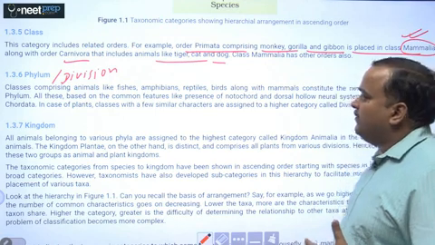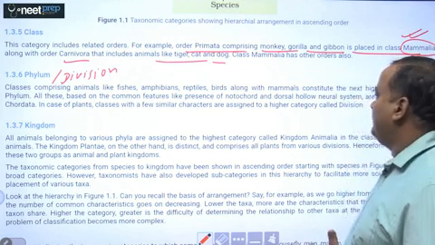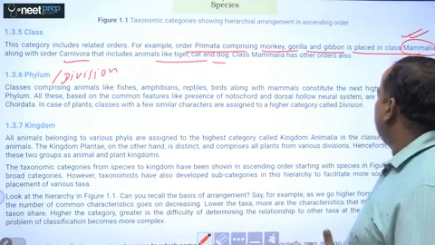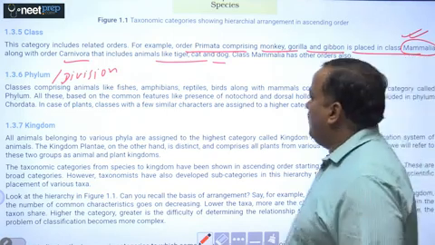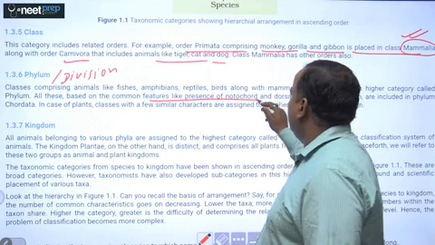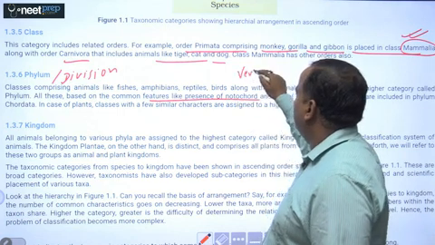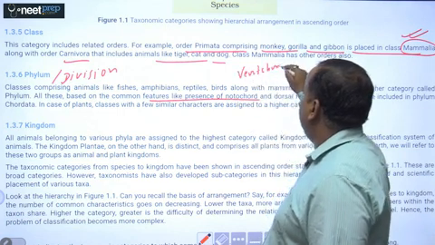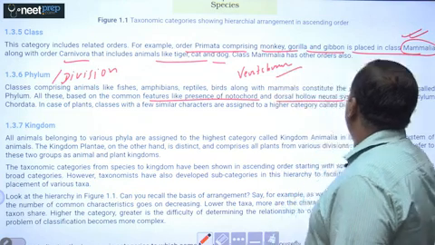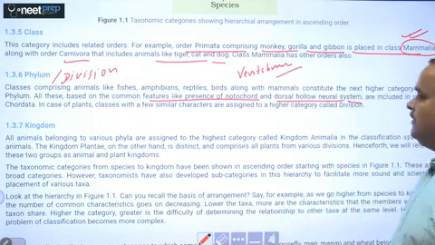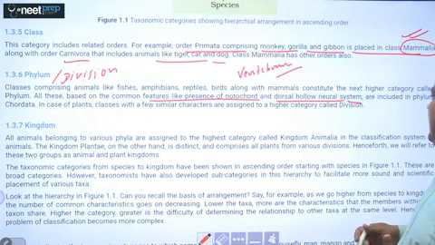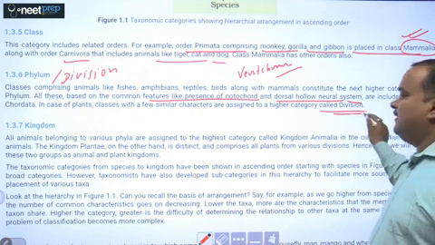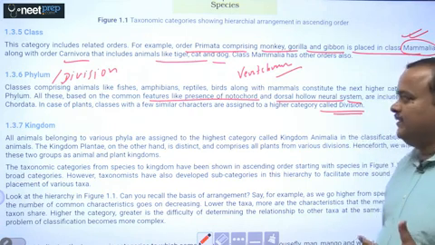Classes comprising animals like fishes, amphibians, reptiles, birds along with mammals constitute the next higher category called phylum, all based on common features like presence of notochord and dorsal hollow neural system. All those which have a dorsal hollow neural system are placed in Chordata. Similarly, in case of plants we have division, like angiosperm, gymnosperm, etc.